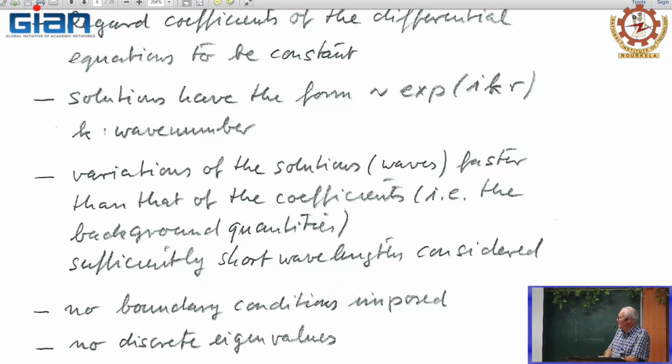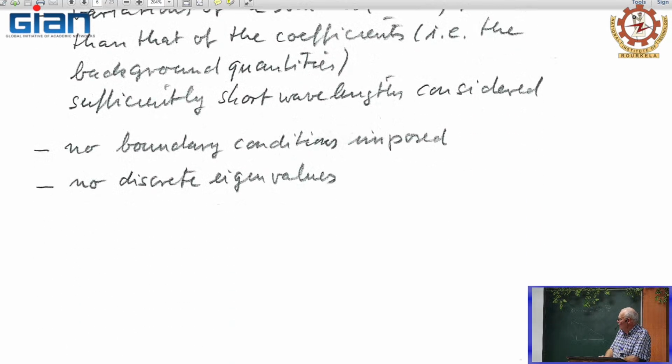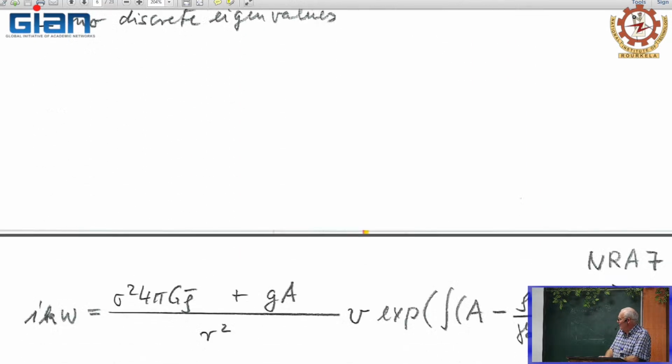Proportional to e^{ikr}, and with that, considering at least locally the background quantities to be constant, let's see what we get for the wave number k.